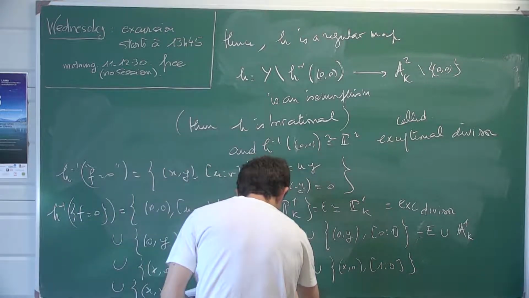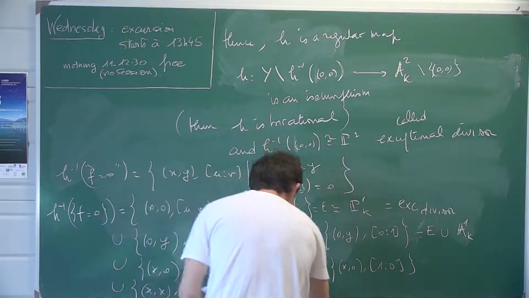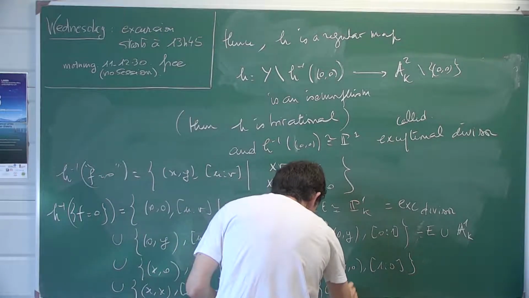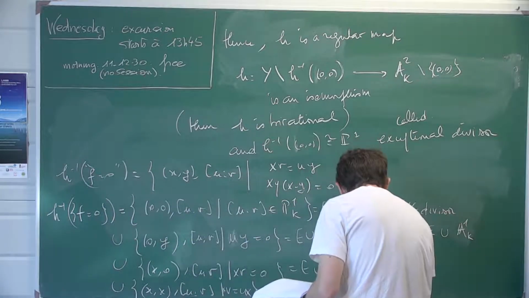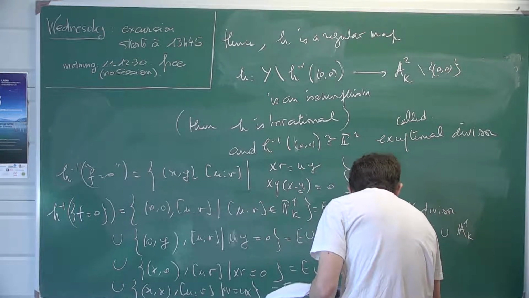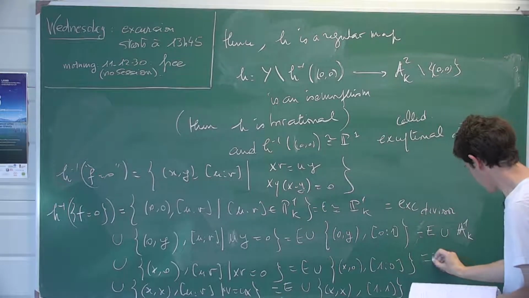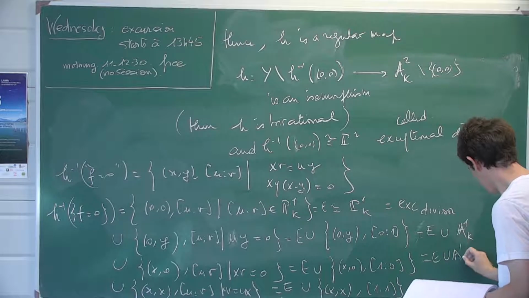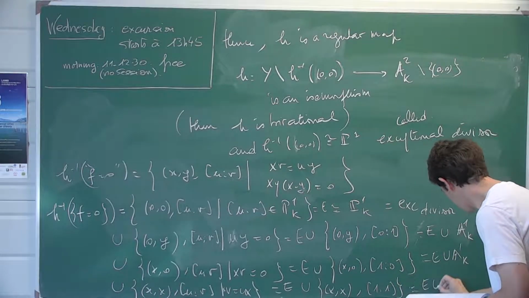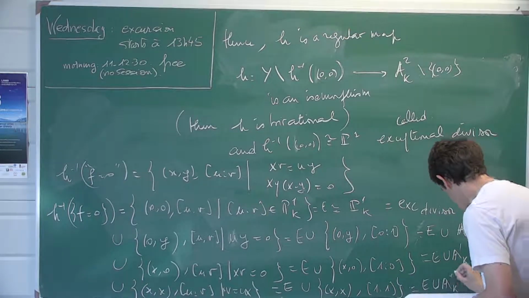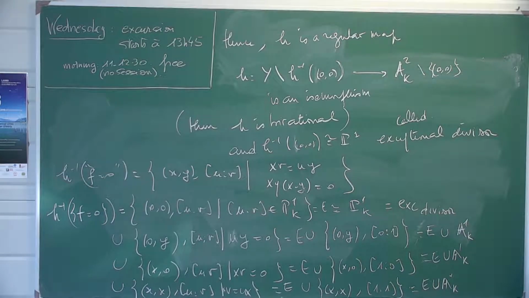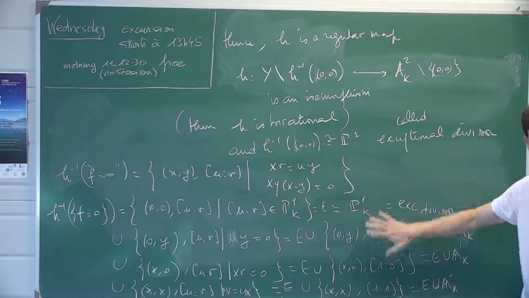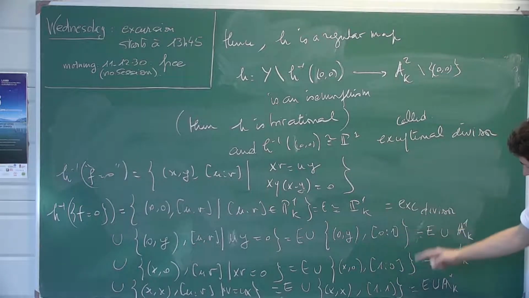So you have the exceptional divisor, union (x, x, 1, 1). Okay, so here I have 3 lines, and I observe that when I look at the inverse image, I have 4 lines. Okay, so exceptional divisor and 3 lines.